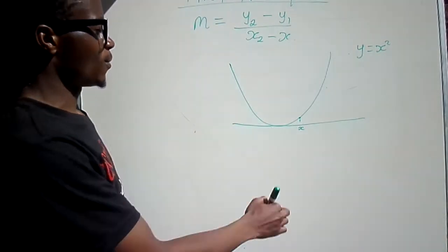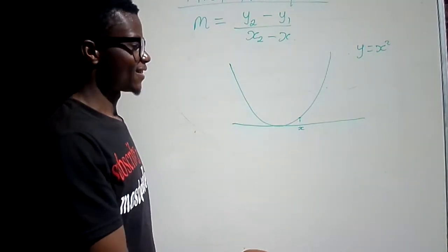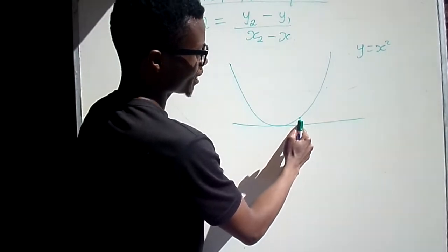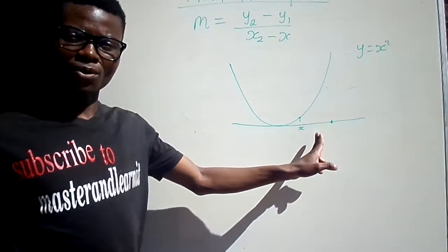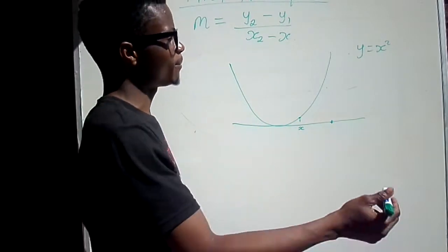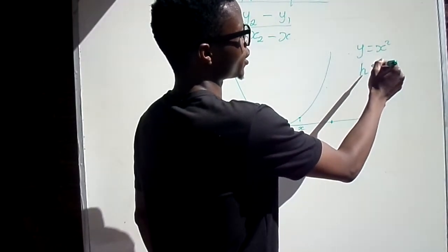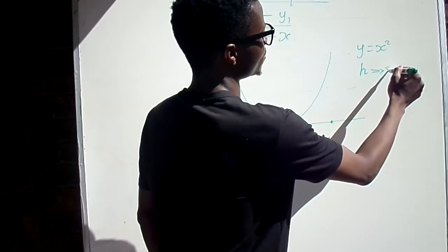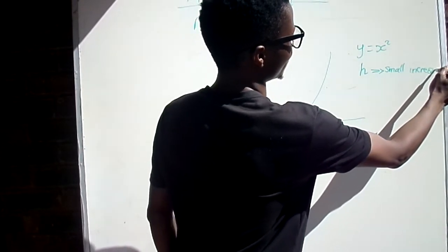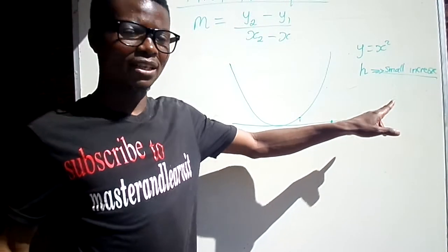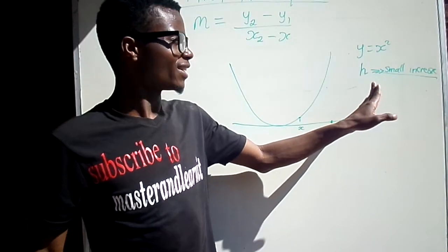So now this point is x. If I move from point x to this point, what will I call this point? Basically, in mathematics, we use the letter h to represent a small increase.